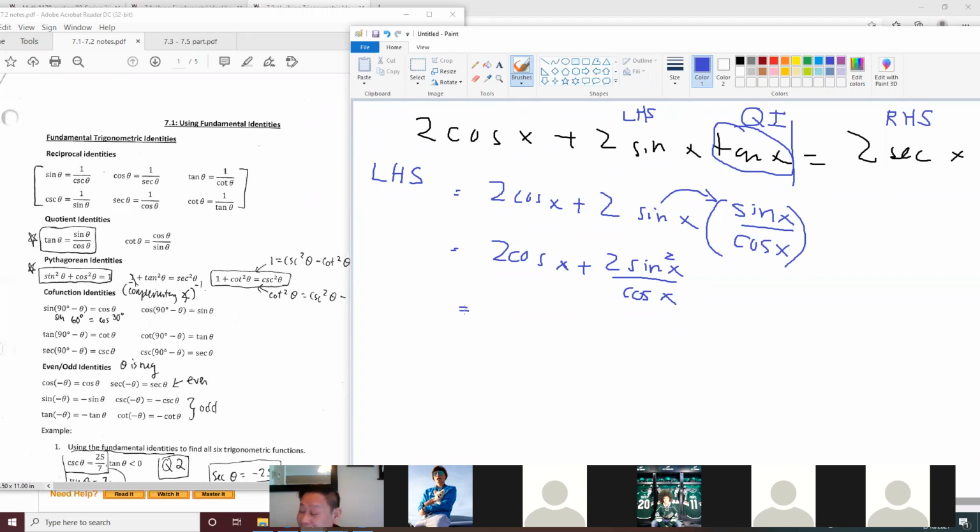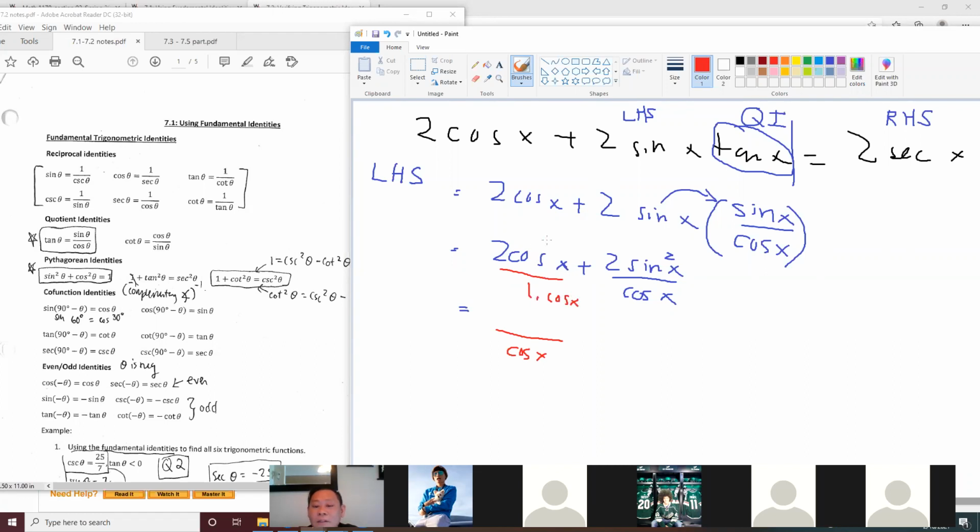This is what you get in my test next week. Do you know how to add fractions? Yeah. Find the LCD, right? So this is over 1. So what's the LCD here? Yep, cosine x is the LCD. You're correct. So you need to multiply this one by what?